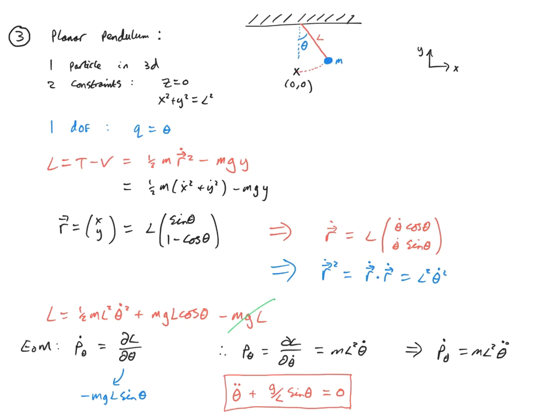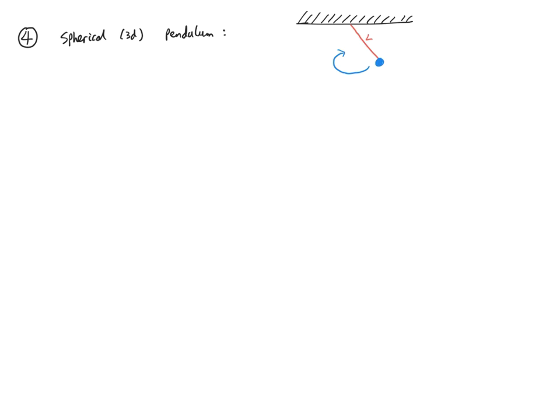Without further ado, let's now consider the spherical pendulum, or three-dimensional pendulum. In this problem, we have again a single mass at the end of a pendulum of length L. However, the pendulum is free to move out of the plane of the page as well. So not only does it bob backwards and forwards, but it can sort of spiral around, as I've indicated here.